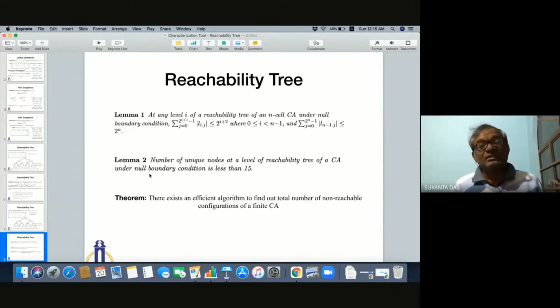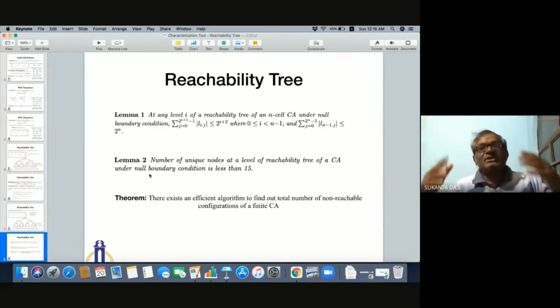Lemma 2 says that at any level, the maximum possible number of nodes is constant. No matter how big you take n, the number of possible nodes in each level is constant.